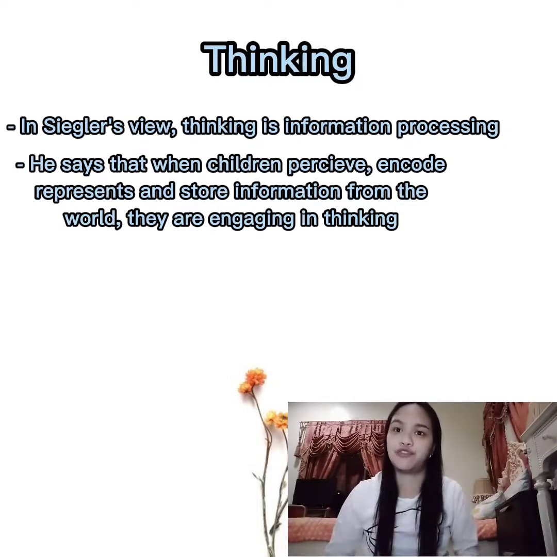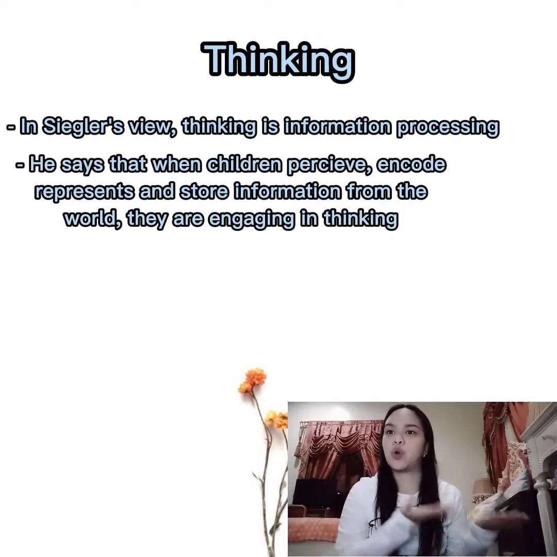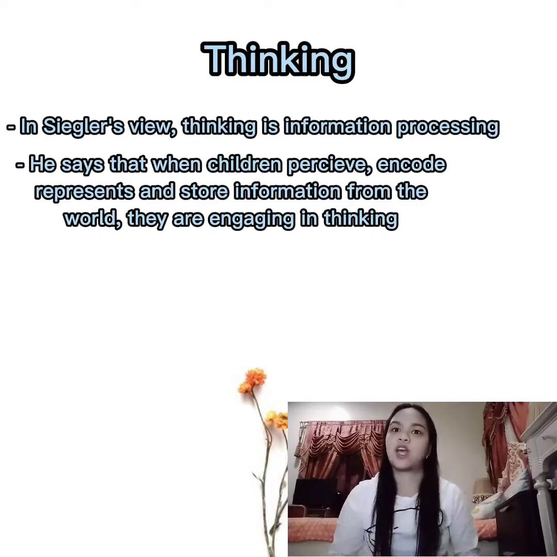In Siegler's view, thinking is information processing. In this regard, Siegler provides a broad perspective on thinking. He says that when children perceive, encode, represent, and store information from the world, they are engaging in thinking.